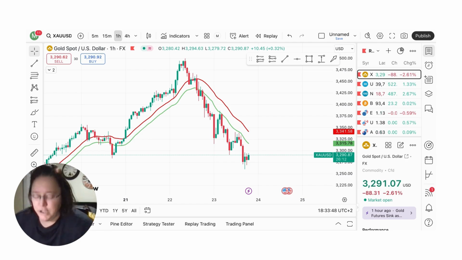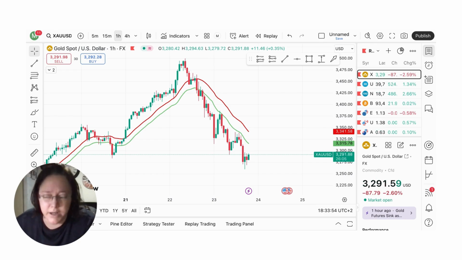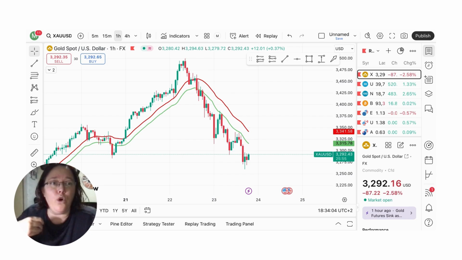Obviously, something you need to learn as a trader: the lower the time frame you take, so if you're going from the 1 day to the 4 hour to the 1 hour, the more trades you are going to get, but the more false signals you will get.